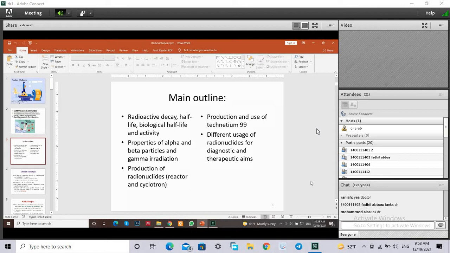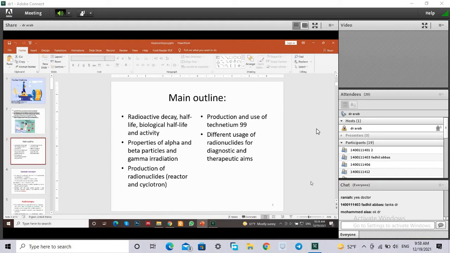Then we learn about the main particles emitted in nuclear reactions, including alpha, beta, and gamma radiation.